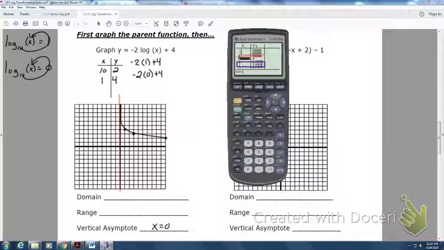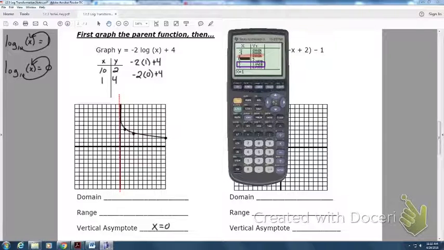On this one, what is my range going to be? When we were talking about exponential, what was our domain? All real numbers. Well, if log is the inverse of that, all the x's that gave me all real numbers on exponential are now my y's for logarithms. So what is my range?